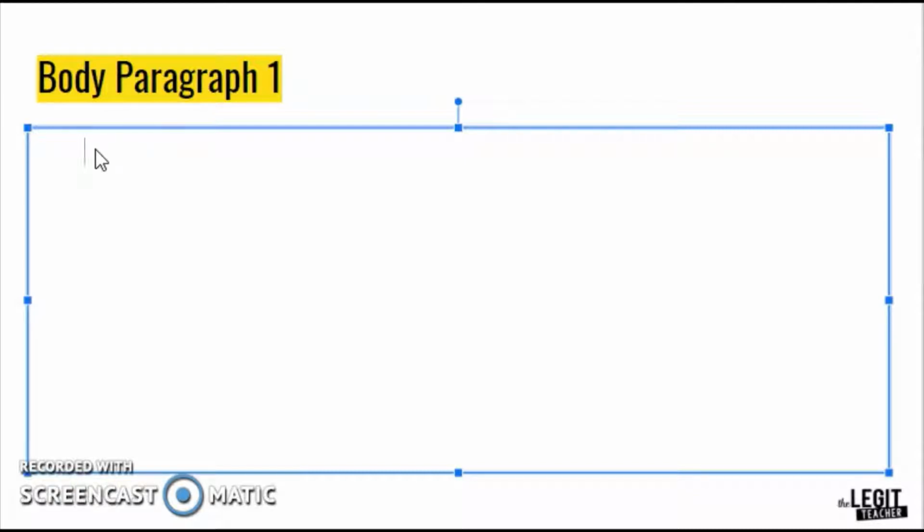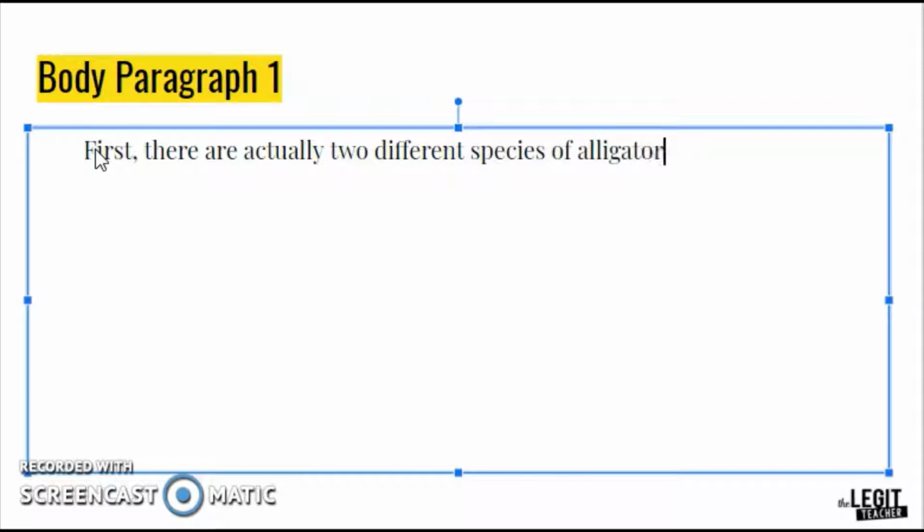I'm going to choose a very common transition word first, since this is my first body paragraph. All right, so there's my topic sentence. First, there are actually 2 different species of alligators in the world.